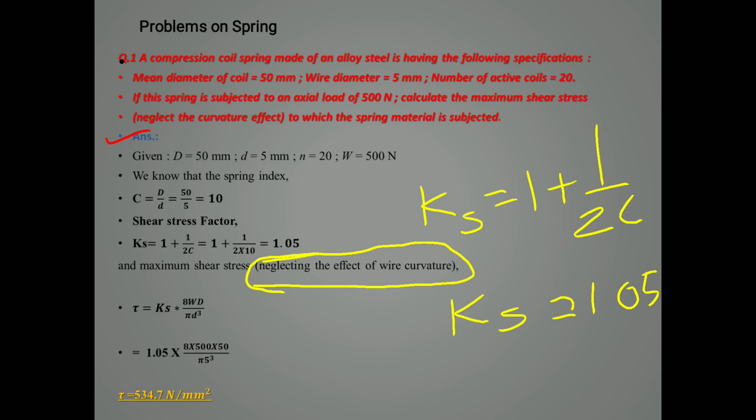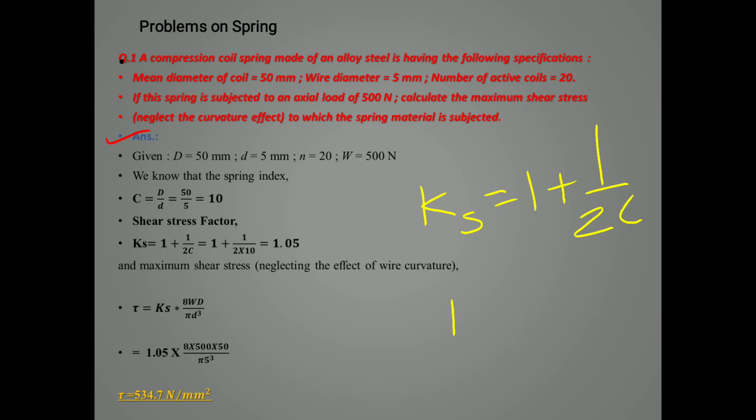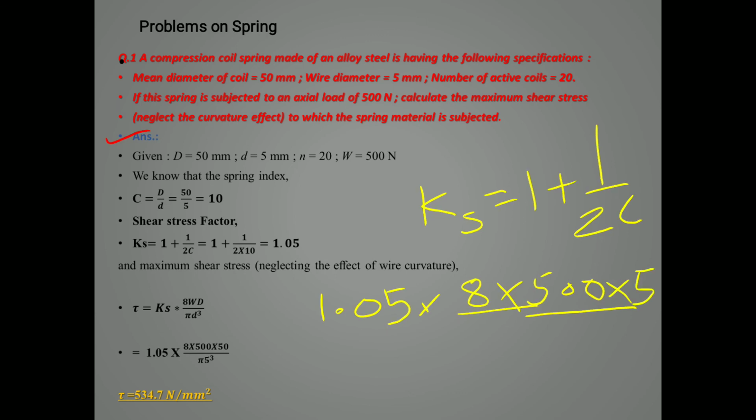So the formula will become tau is equal to Ks into 8WD upon pi d cube. Here we have the value of Ks, that is 1.05. We have the value of W, 8 into 500 Newton. We have the value of capital D, that is 50.